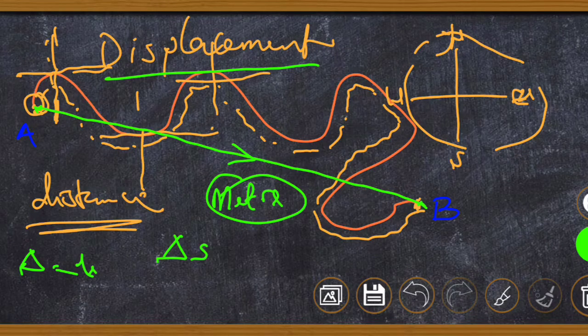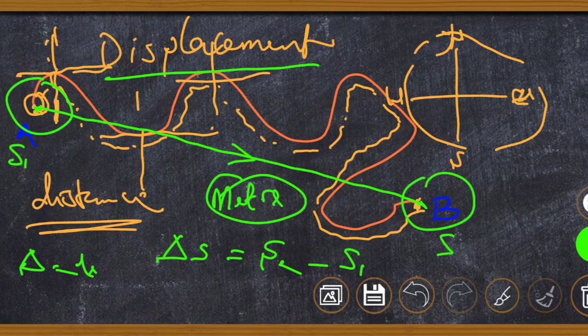So change in x simply means the final position of the object minus the initial position of the object. If point A has x1, the initial position, and point B has x2, the final position, the change in x will be equal to x2 minus x1.